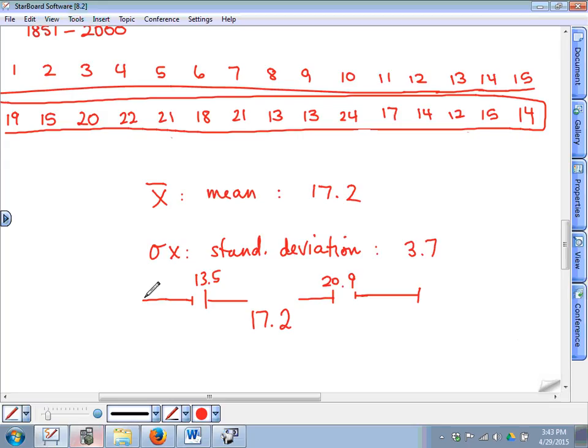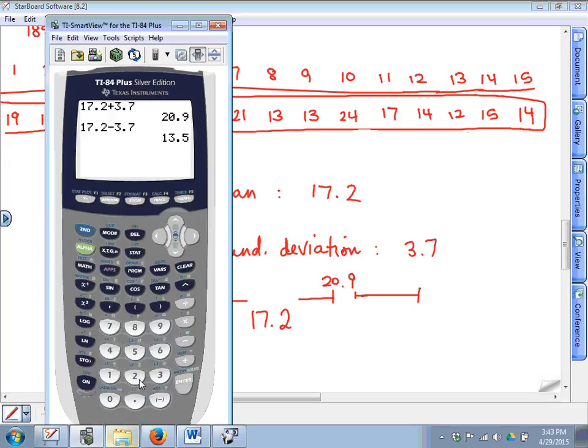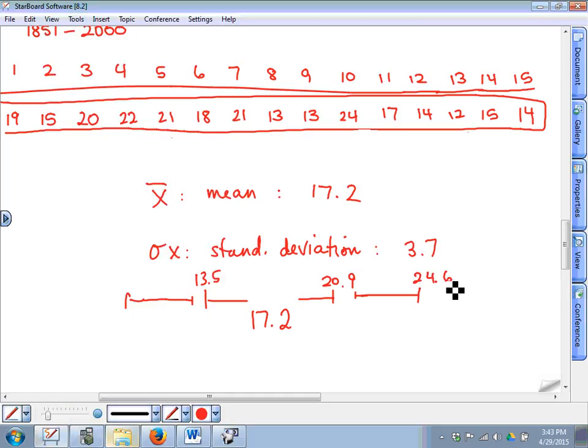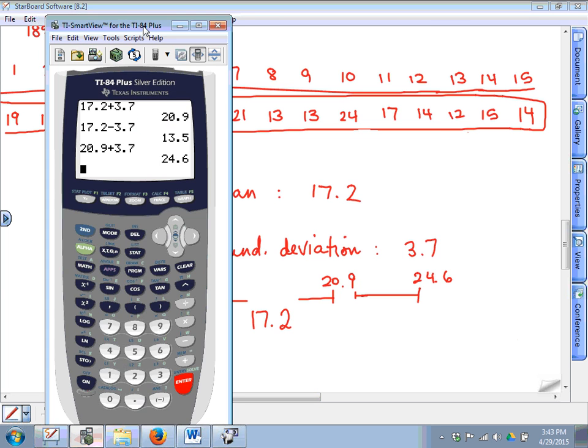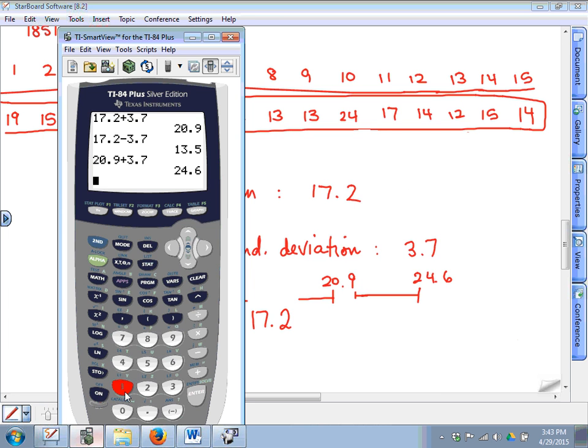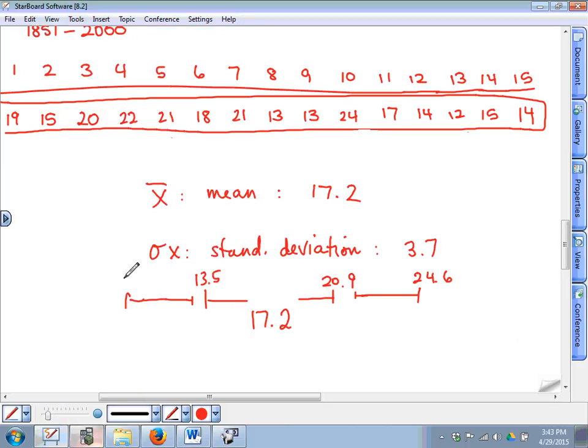So if we add and subtract another 3.7. We've got 20.9 plus 3.7, that's 24.6. And then we need 13.5 minus 3.7, and that's 9.8.